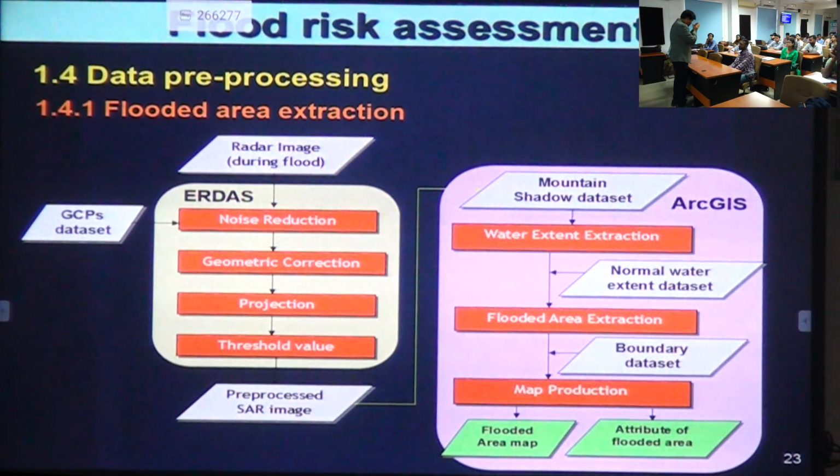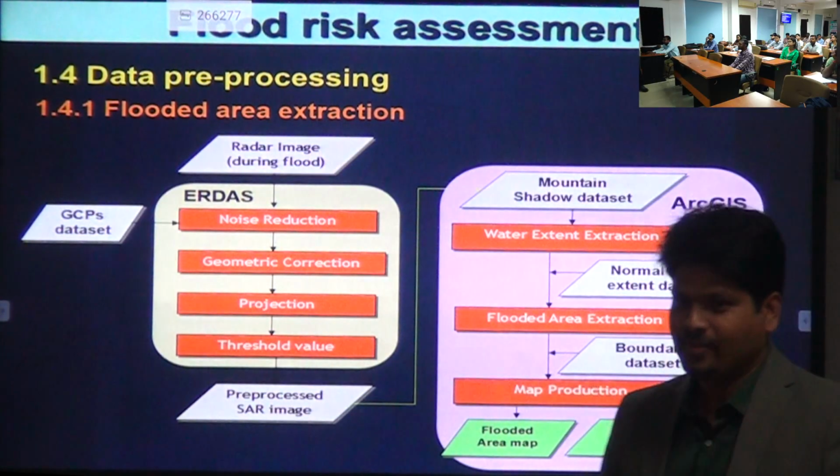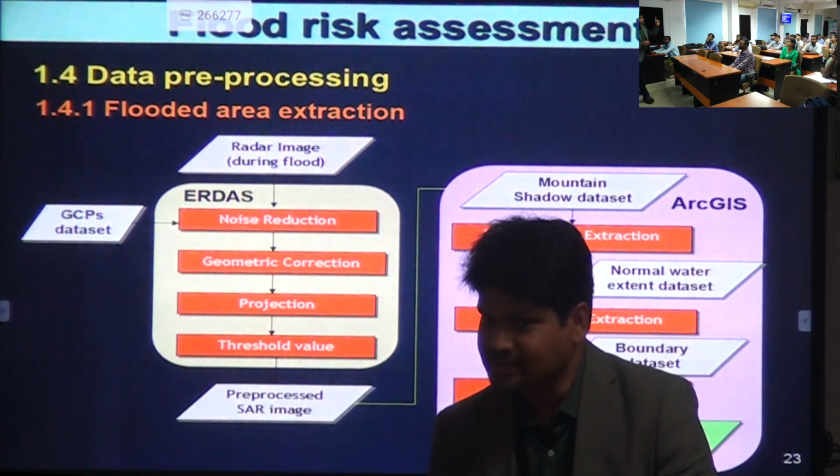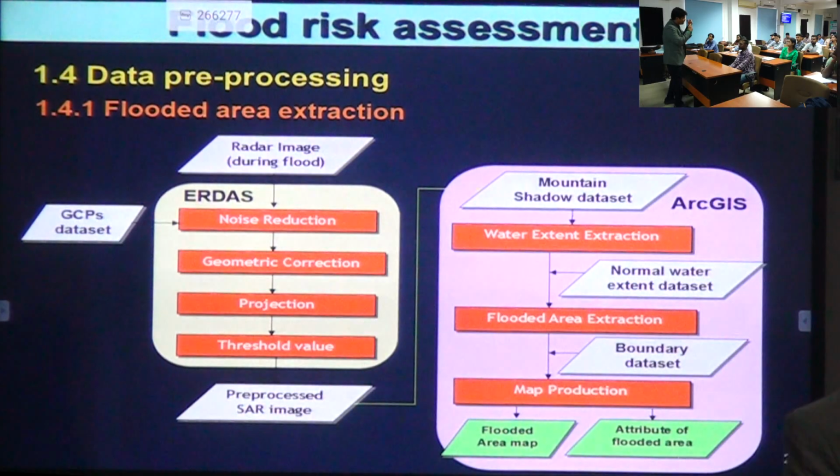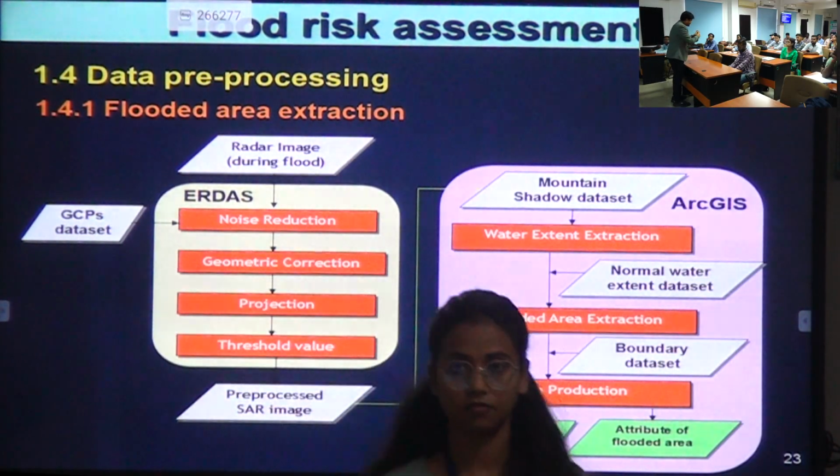So we wanted to estimate and come up with a threshold value that distinguishes between water and non-water, because radar is very sensitive to the water phase. We wanted to automate the process, because remember, just one event you might have 7-8 images.